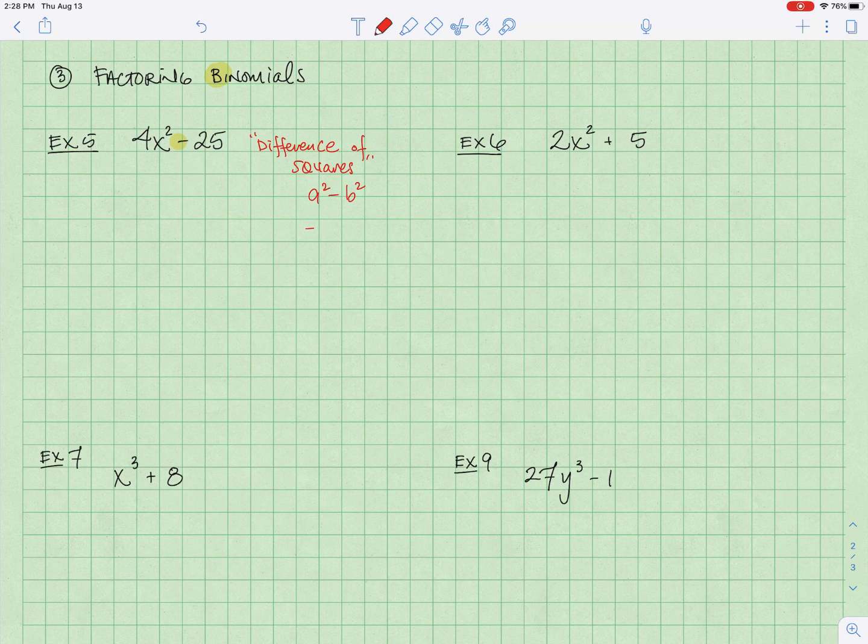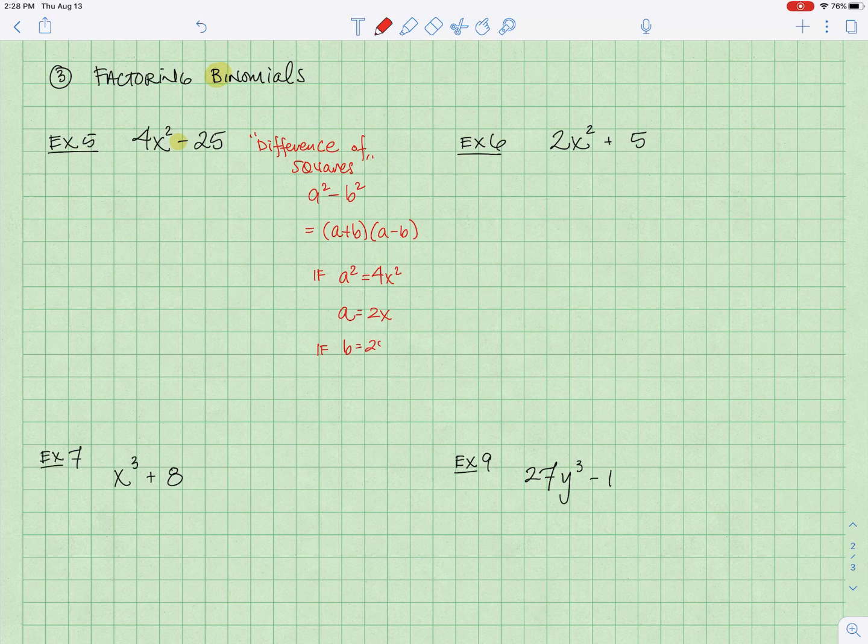And that is, according to our special forms that we learned when we were multiplying out polynomials, always factors as a plus b times a minus b, where in this particular case, a is the square root of the first term and b is the square root of the second term. So if a squared is equal to 4x squared, then a is equal to 2x.